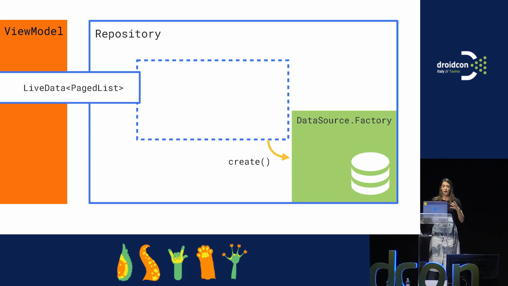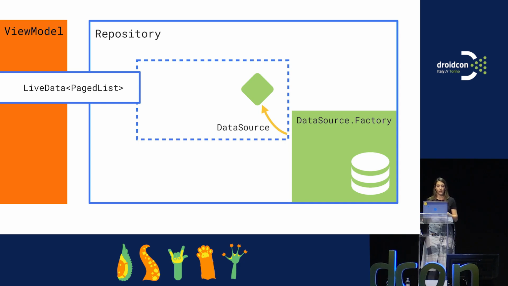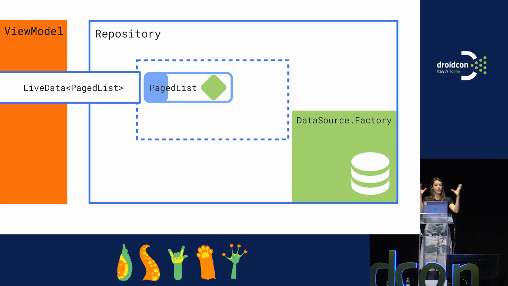But only when we have an observer to that LiveData of a PagedList, we are creating the data source based on the DataSourceFactory. And then from the data source, we are requesting the initial data based on that initial setup that I mentioned before. Then both the data and the data source are held in a PagedList.